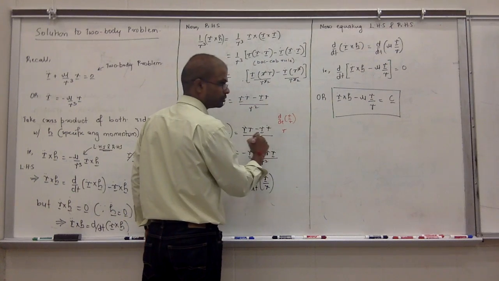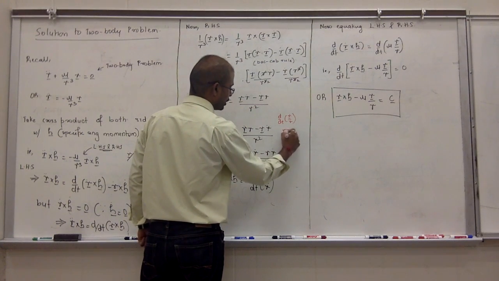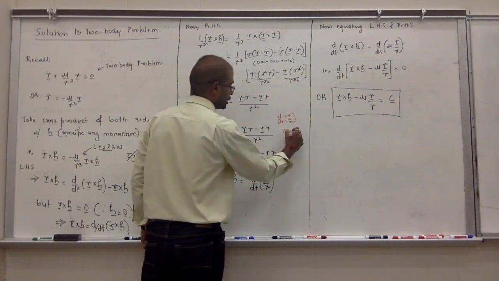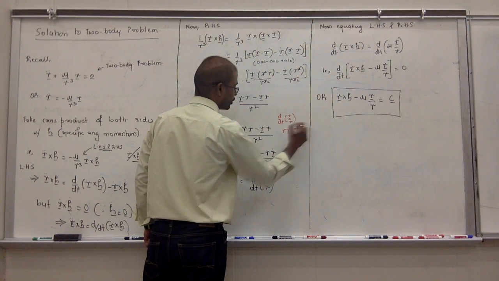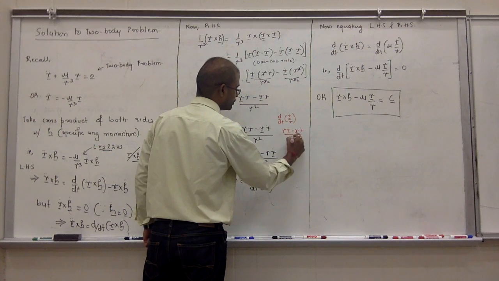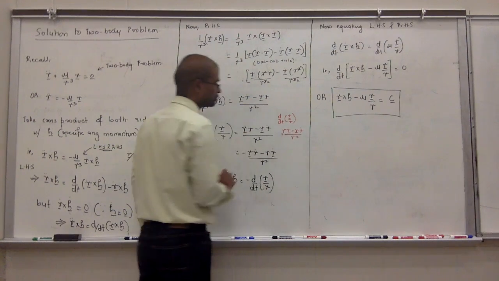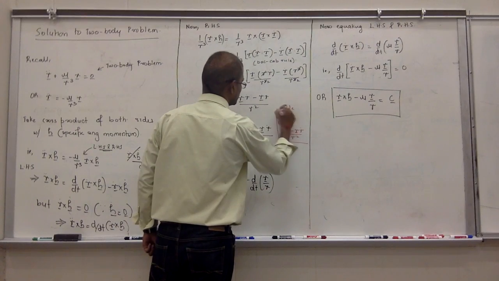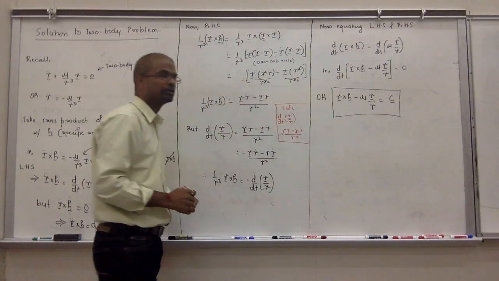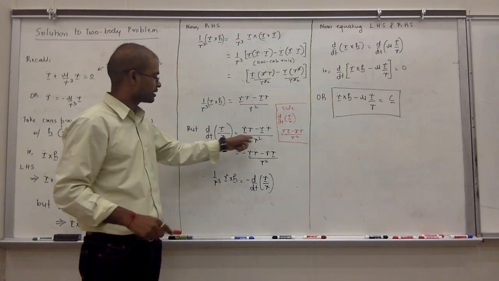R times r dot minus r times r dot, divided by r squared, right? Correct? So this can be expressed as this.